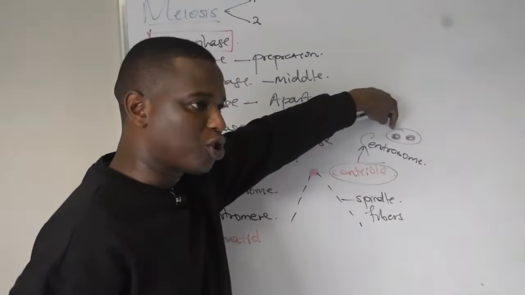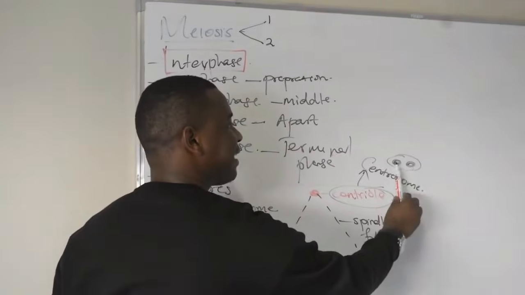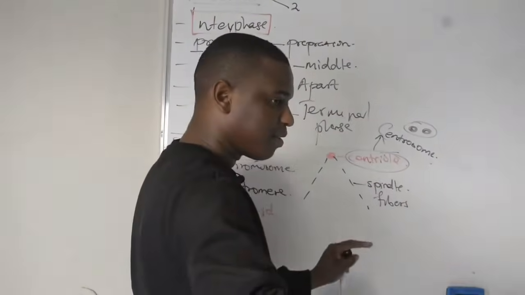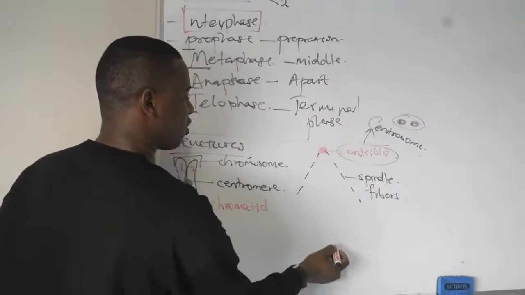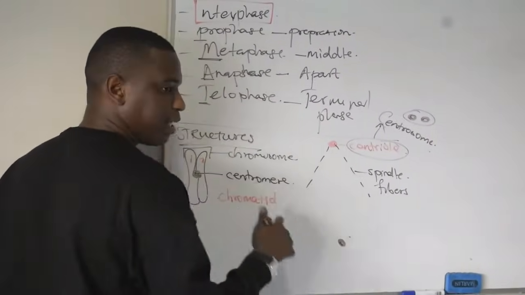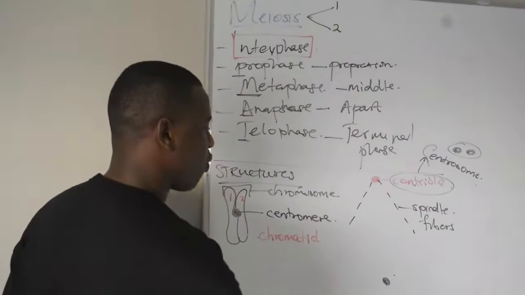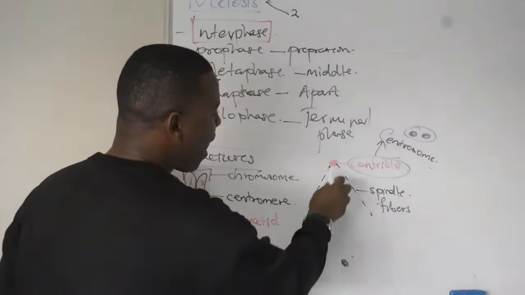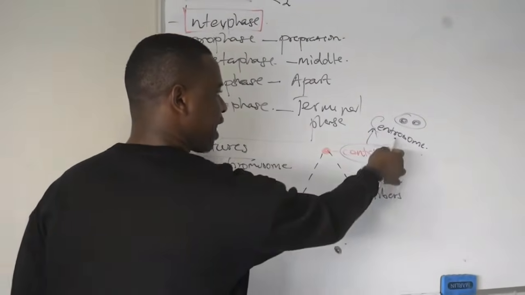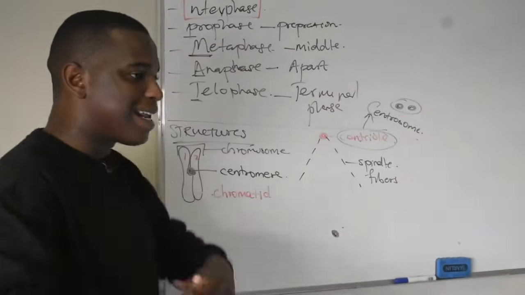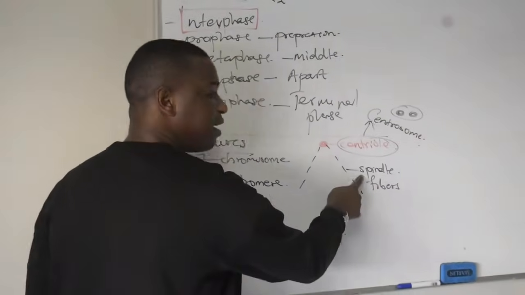Inside the centrosome, we have 2 centrioles. So when the centrosome splits, it is going to produce 2 centrioles that are going to go to opposite poles. So we have a centriole in this pole, we have a centriole in this pole. Where are they coming from? They're coming from the centrosome. So when a centriole arrives, it arrives with the spindle fibers.